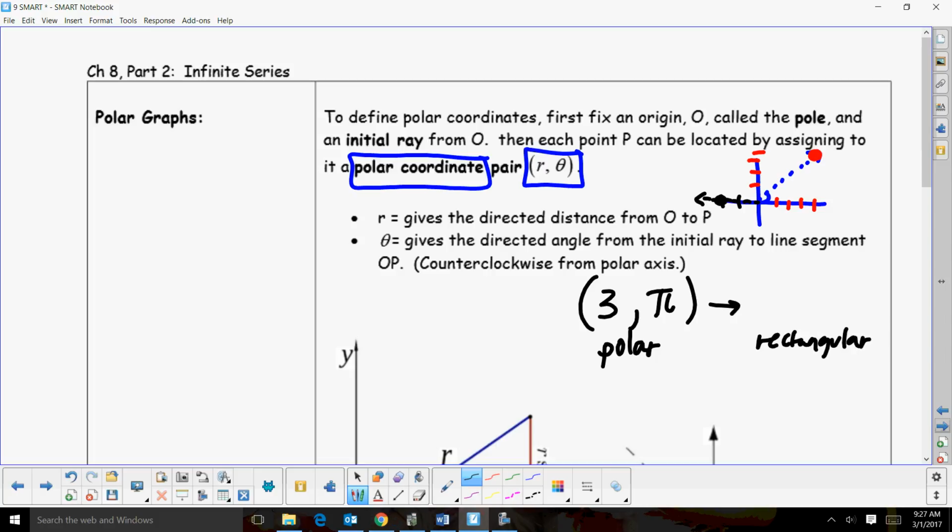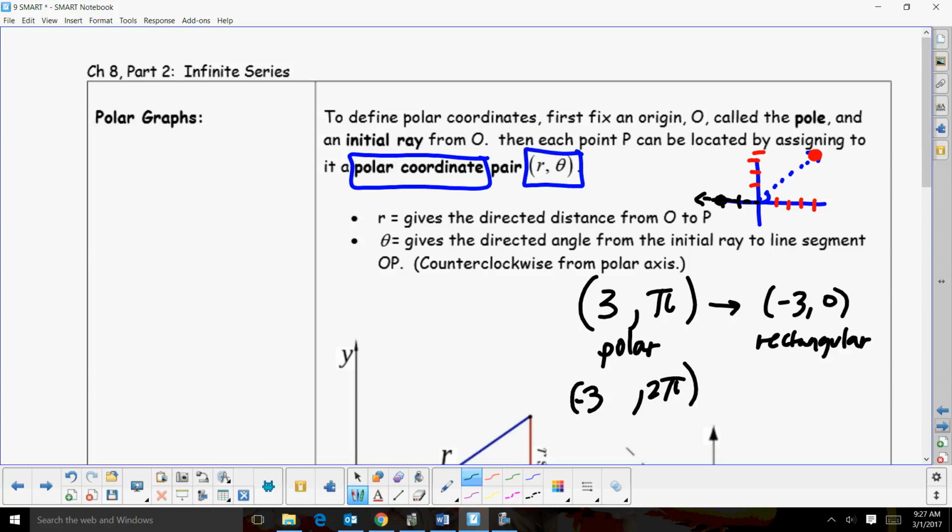Where are you in rectangular right now? Think about it, because this is your x-axis, this is your y-axis, right? Where did you just go? You went to -3, 0. Okay, now I want you to go 2 pi and go -3.